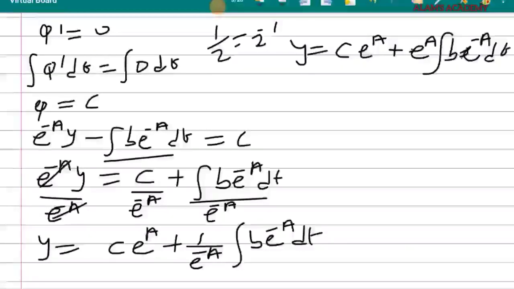Okay, so with this, our formula is proved, but we say that the function is with respect to t.